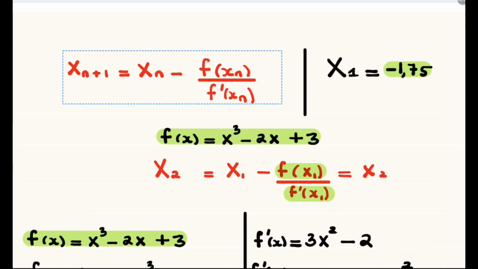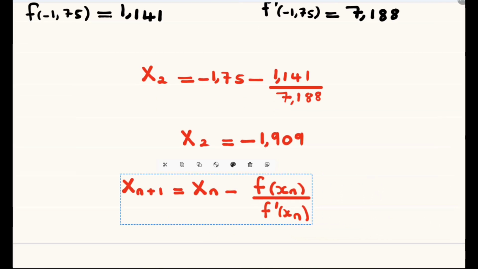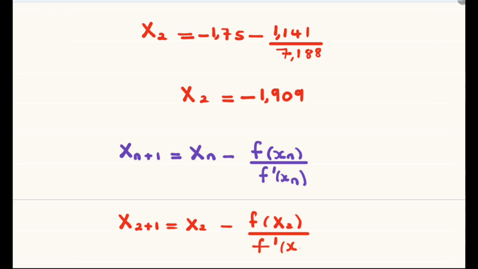So from that formula, where there is n, we are going to substitute 2 for us to get to x3. So where there is n, we have x2 plus 1. x2 plus 1 will be equal to x2 minus f of x2 divided by f prime of x2.